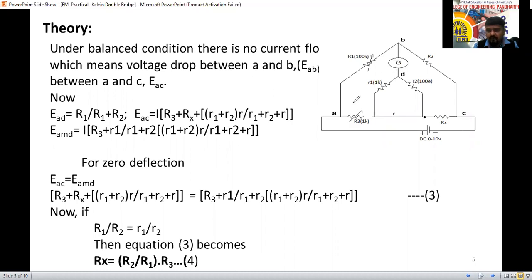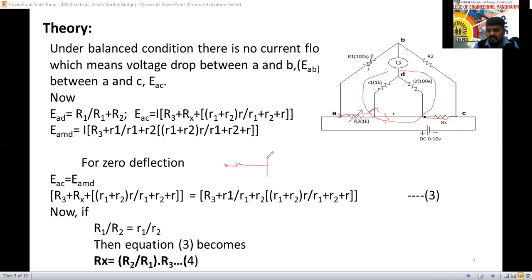See here, A to C, I will draw one more circuit from here to here. It will start from A. R3 resistance is there. Next, some current will flow here. I will make two paths.